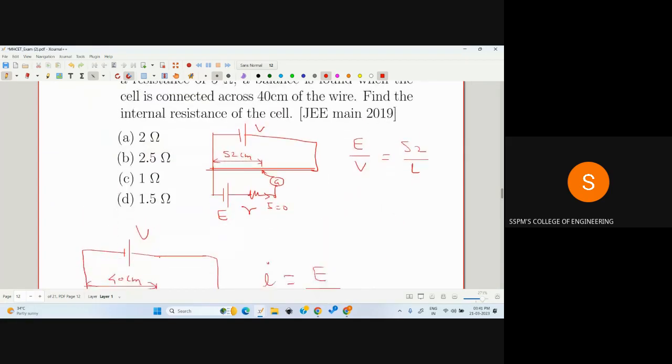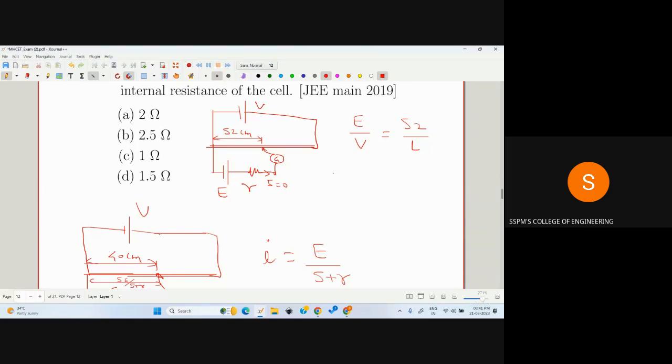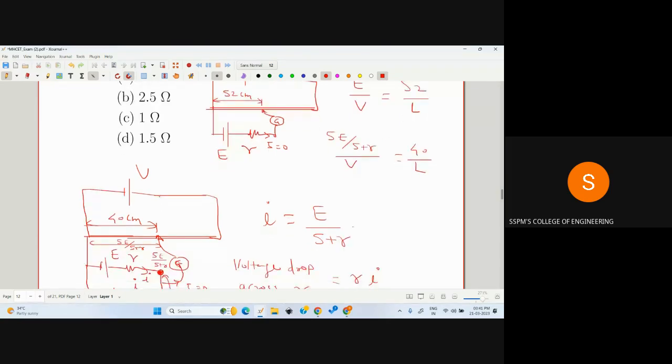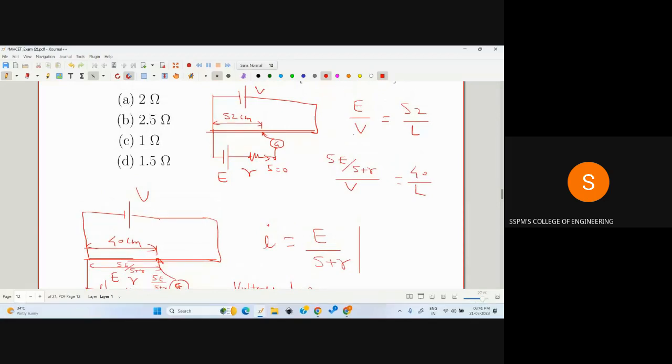And then apply the condition for balance. The voltage drop across the 40 centimeter wire or balancing length is 5E divided by 5 plus r, divided by V, is equal to 40 divided by L. Now you can take the ratio to cancel E, capital V and L. After taking the ratio, we get E upon V divided by E upon V into 5 divided by 5 plus r is equal to 52 divided by 40.